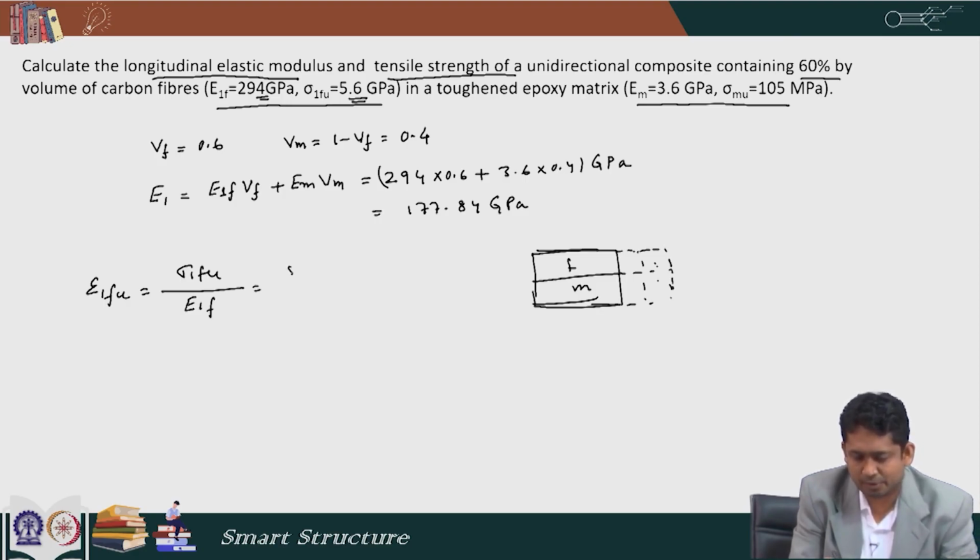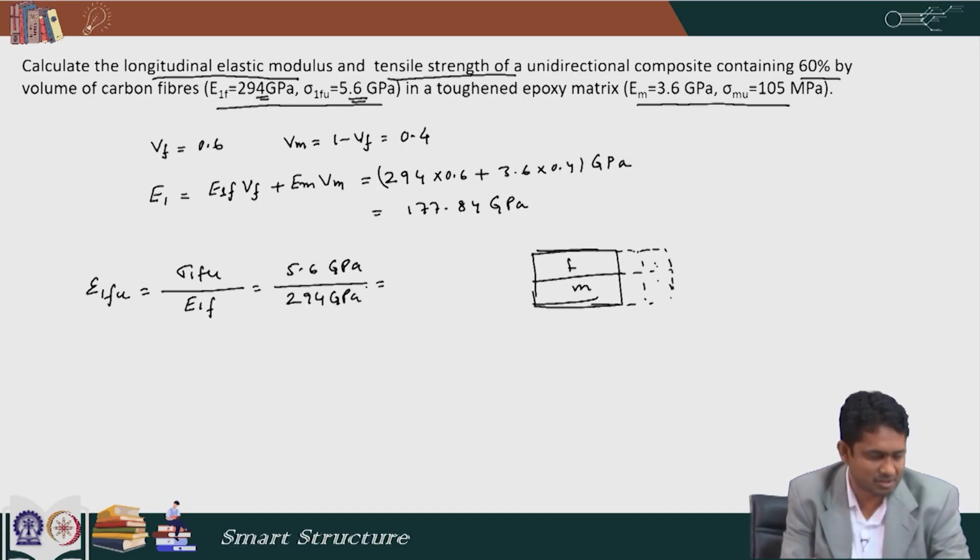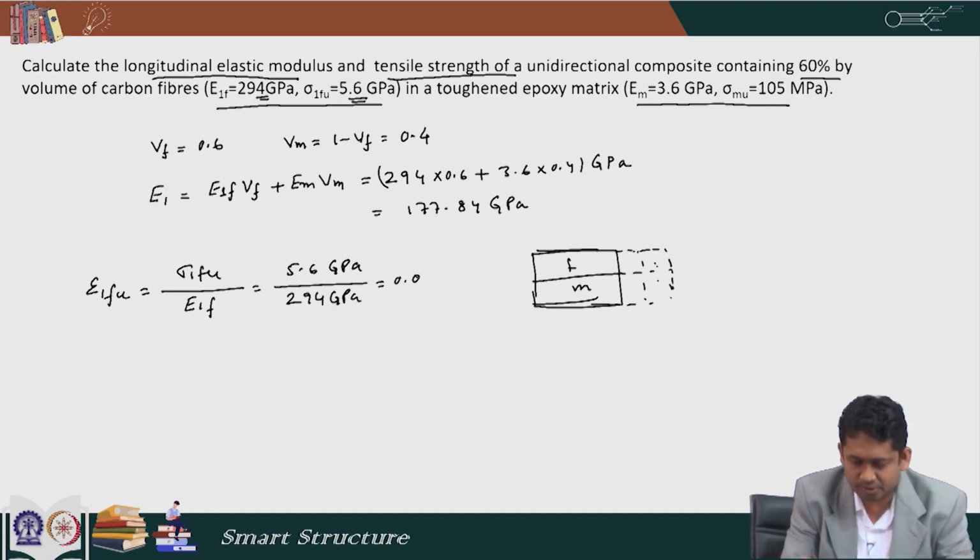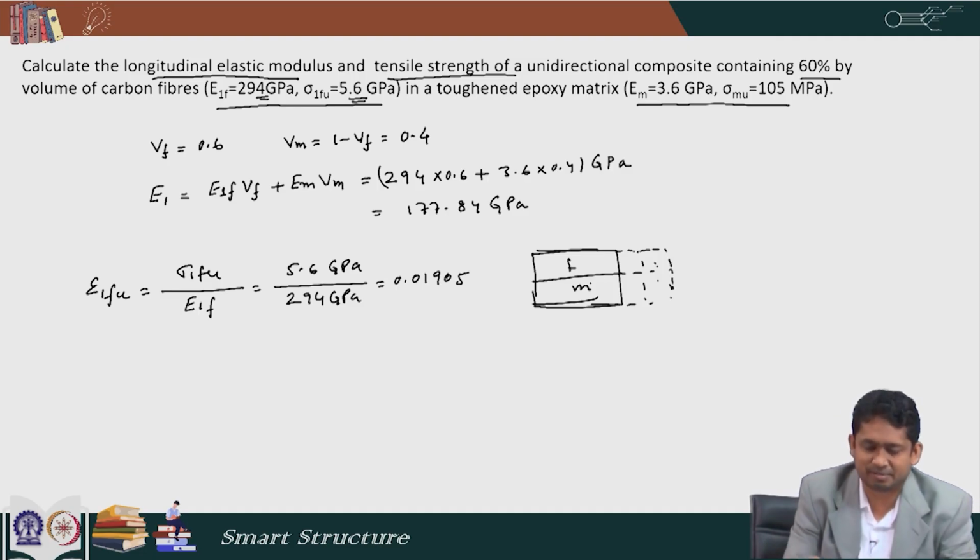Now, sigma 1Fu we know is 5.6 GPa, and E1F is 29.4 GPa, and that gives the value to be 0.01905. So, that is the amount of strain the fiber can bear.